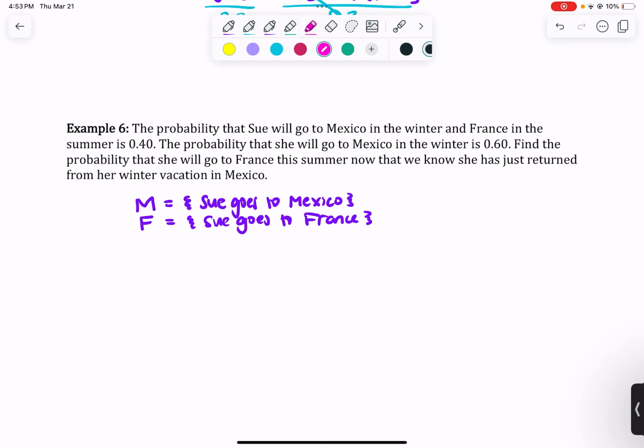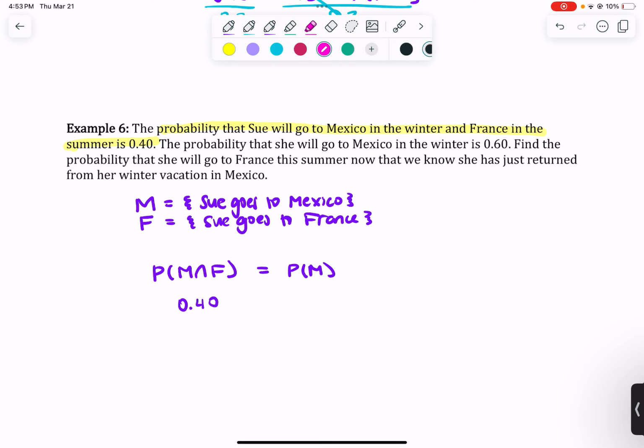And again, I can take a look at these probabilities. The probability that Sue will go to Mexico in the winter and France in the summer, that's my intersection probability. That's my Mexico and France, my both probability. So I'm just going to fill that in the line below. I know that the intersection of dependent events is going to be multiplying the probability of just the first event taking place, which is Mexico.